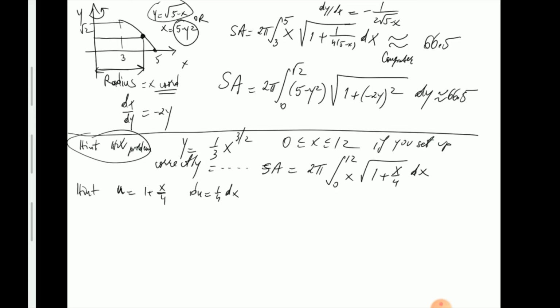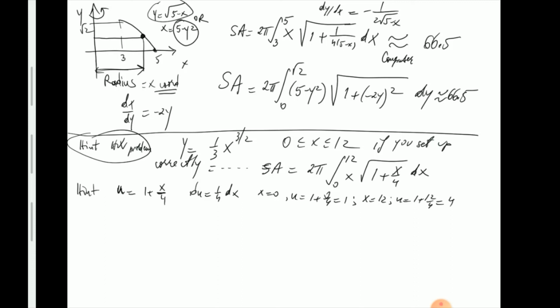But to be clear, let's follow these steps a little bit before I leave it to your own devices. Don't forget to change the bounds like we normally do for any substitution. If x is 0, u is 1 plus 0 over 4, which is 1. If x is equal to 12, u equals 1 plus 12 over 4, which is 3 plus 1, and that's equal to 4.